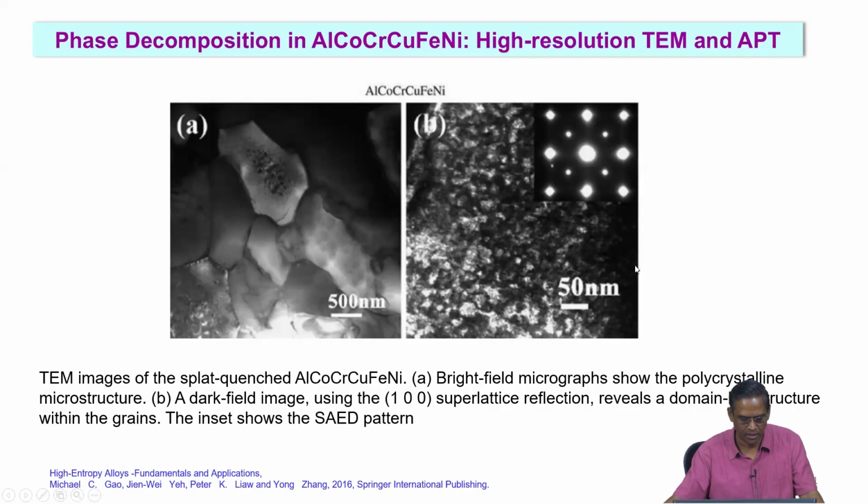Inset shows the SAD pattern. So this pattern, again I am telling you, 100 is a fundamental reflection, and then you have superlattice spots, and one of the superlattice spots is being used to generate this image, which shows kind of white patches, that means domains in that matrix.